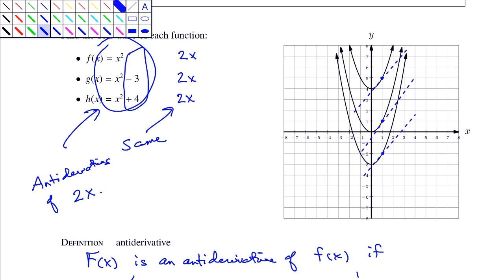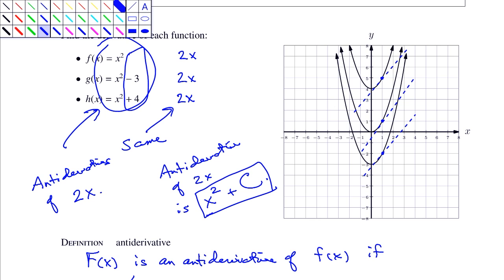And so what we say is the antiderivative of 2x is x squared plus c, where c is a constant number, and you can use any constant that you want. This is the general answer to the question, what is the antiderivative of 2x? It's x squared plus c.